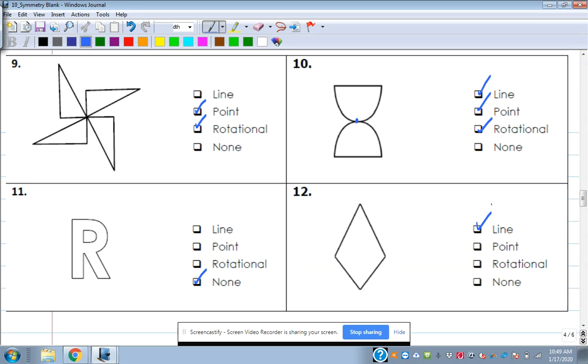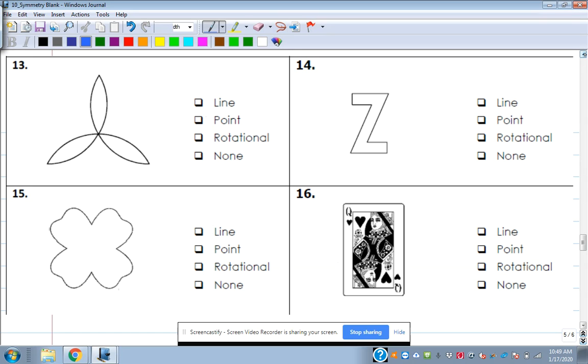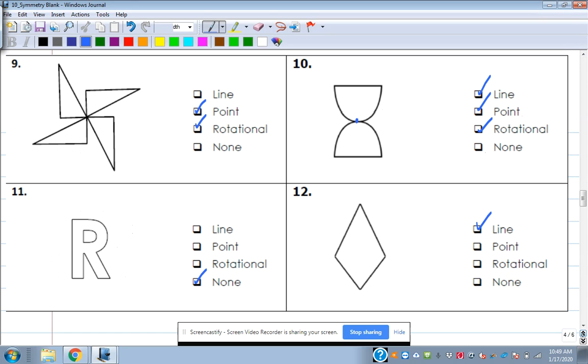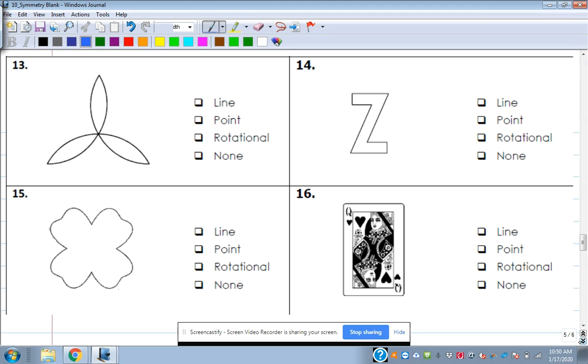Anything else? And probably rotational. Is it? No, definitely not rotational. It's a different size on the top and the bottom. If it were the same size diamond or rhombus, but this is not a rhombus. That's a kite shape. So definitely not.